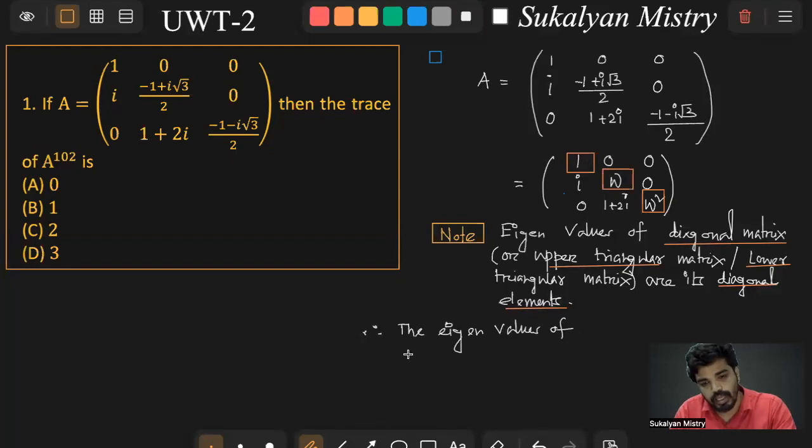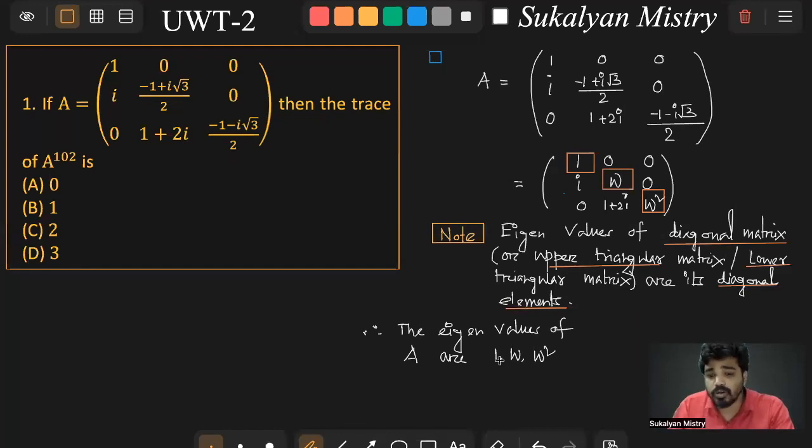We know that sum of the eigenvalues is equal to trace of the matrix. It is a very, very important note. Sum of the eigenvalues is equal to trace of the matrix, and product of the eigenvalues is equal to determinant of the matrix. Okay, ঠিক?